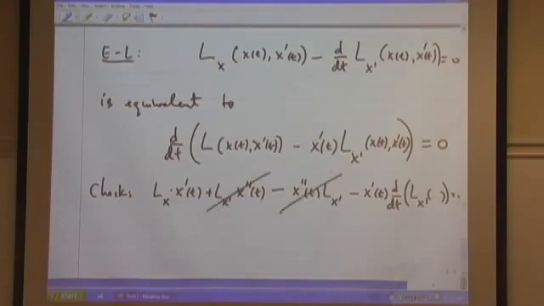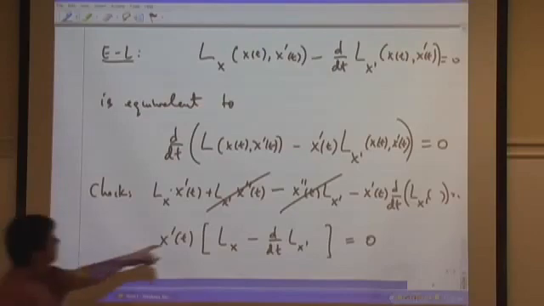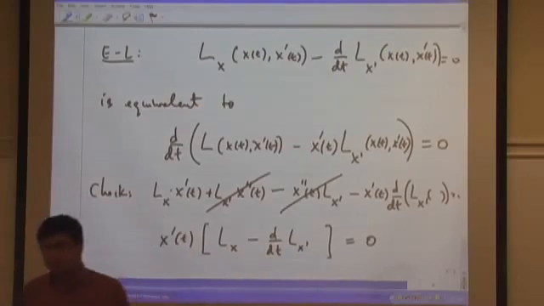What do you see here? This and this cancel. And what's left is x prime times L_x minus the derivative with respect to t of L_x prime. And this is 0.